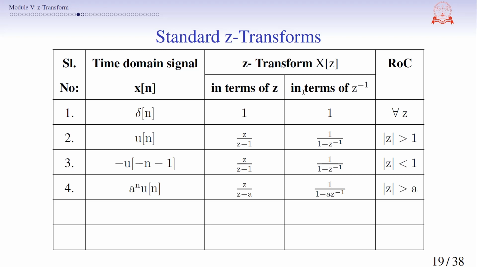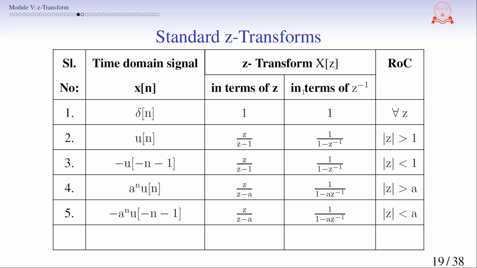For a raised to n u of n, the Z transform is Z divided by Z minus a, or we can write as 1 upon 1 minus a Z raised to minus 1 in the negative powers of Z. Here, the region of convergence is mod Z greater than a.